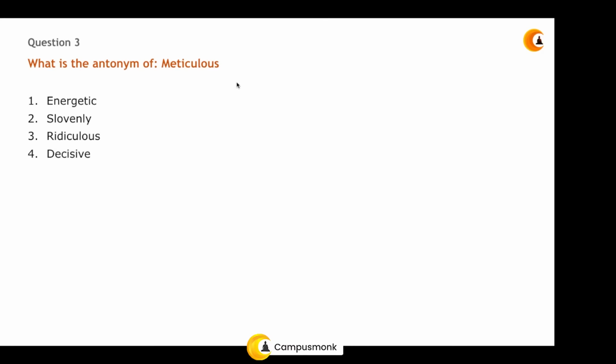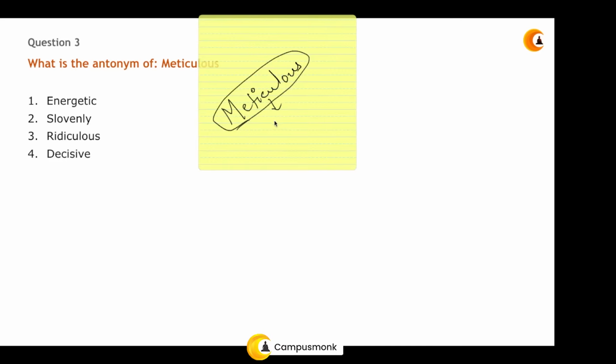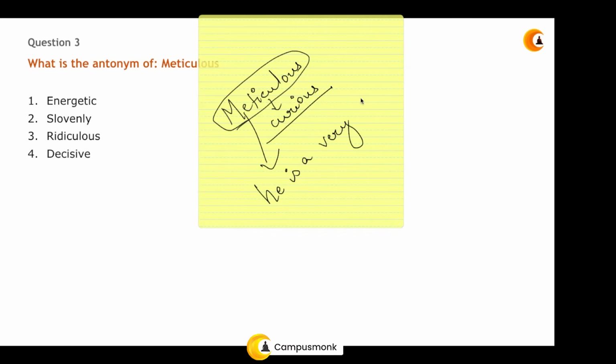Okay, so time is up. So let's look at the word meticulous. Doesn't this word sound something like curious? Yes, it sounds something like curious. He is a meticulous person. What does that mean? That he is a very keen or careful person.